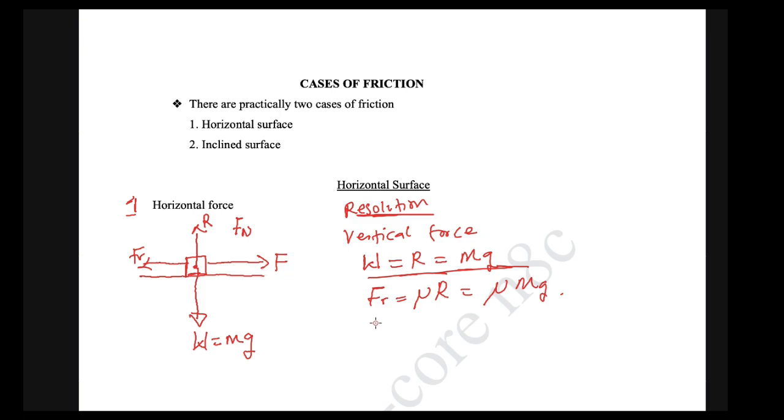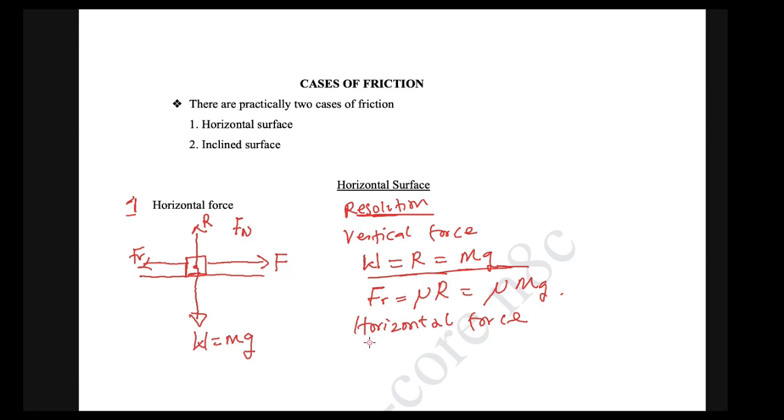Now, for the horizontal force, we have force being applied. Frictional force is in the opposite direction. Understand that when two forces are acting in opposite directions, their resultant is going to equal the subtraction. That is, the resultant of forces that are in opposite directions is obtained by their difference.